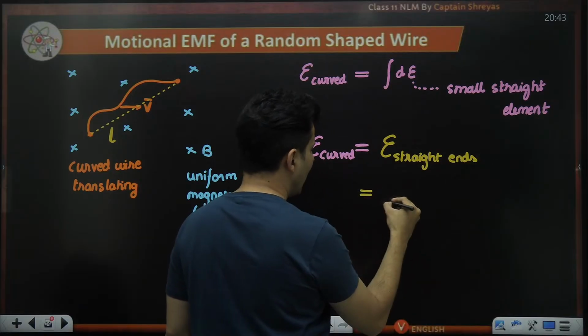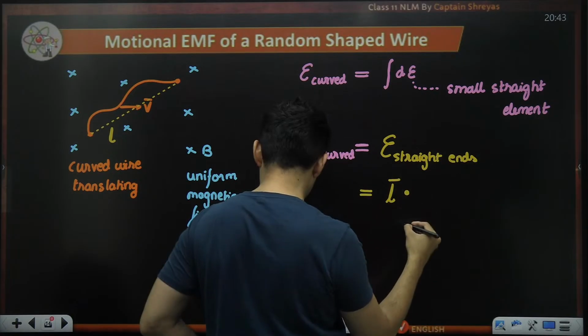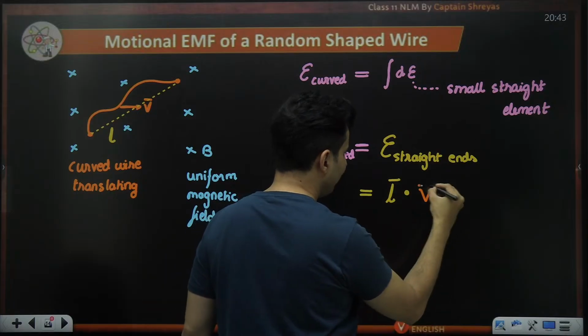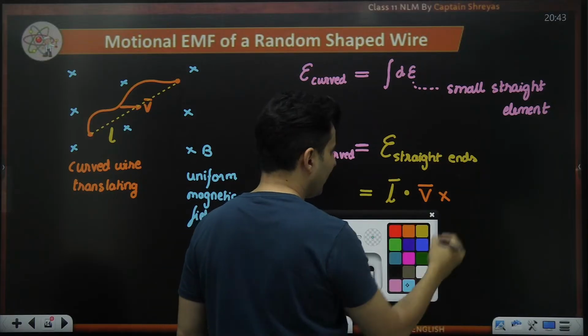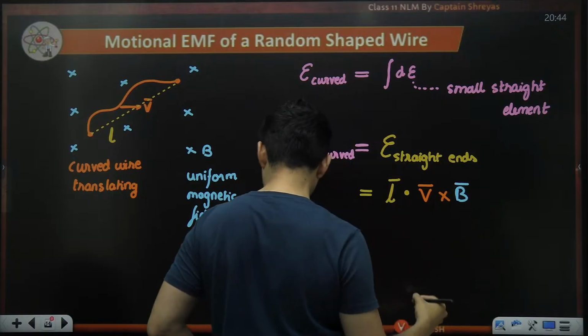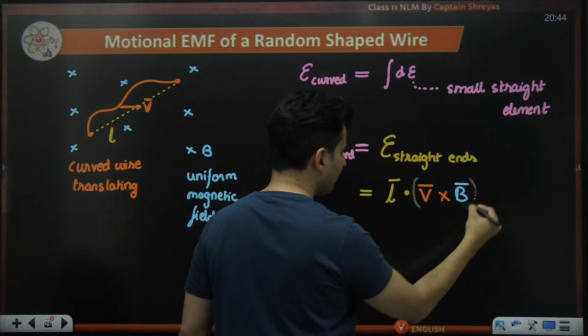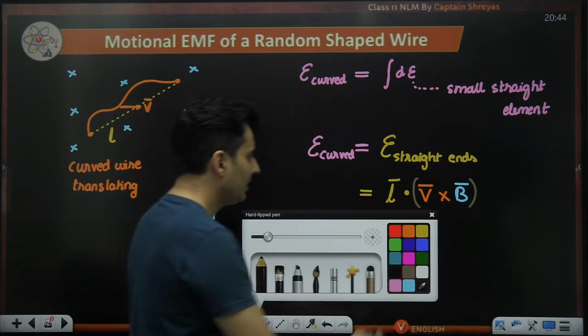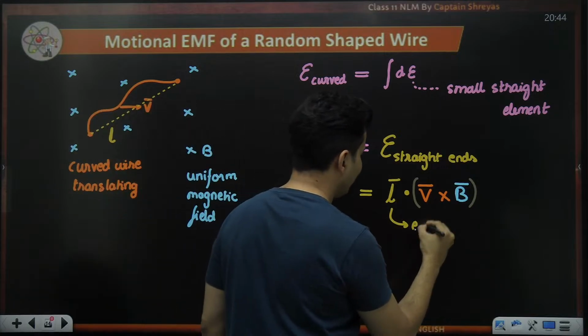So it will be as simple as L dot V cross the magnetic field. That's it. This L then becomes our effective length.